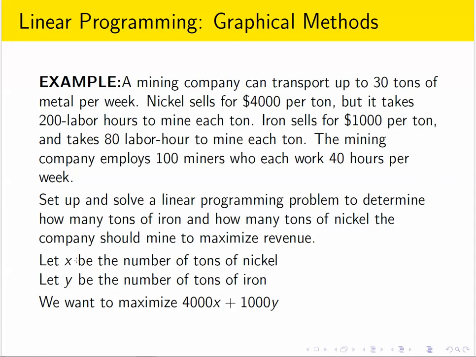If x is tons of nickel, 4,000x tells you how much money you collect for mining nickel. 4,000 per ton times x tons. And for iron, 1,000y tells us how much money the company collects just for the iron it mines and sells. So that's $1,000 per ton times y tons.